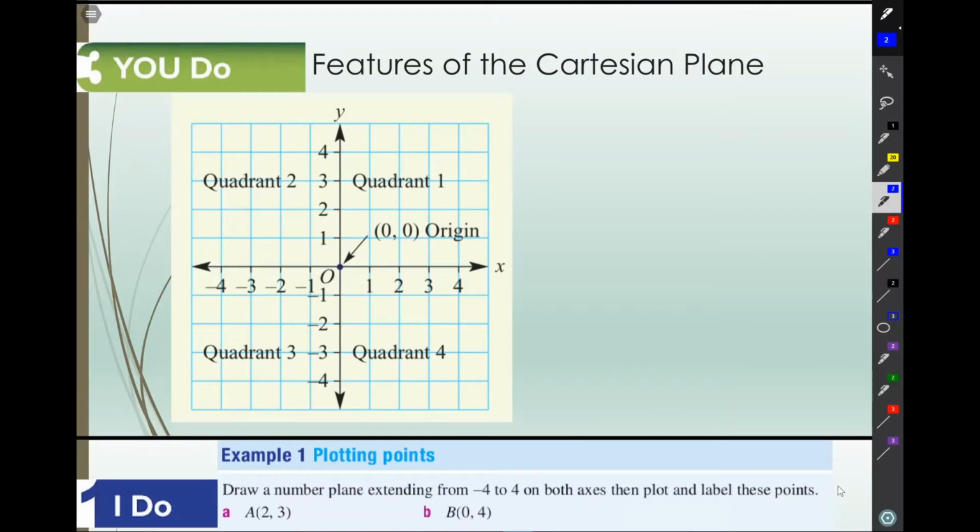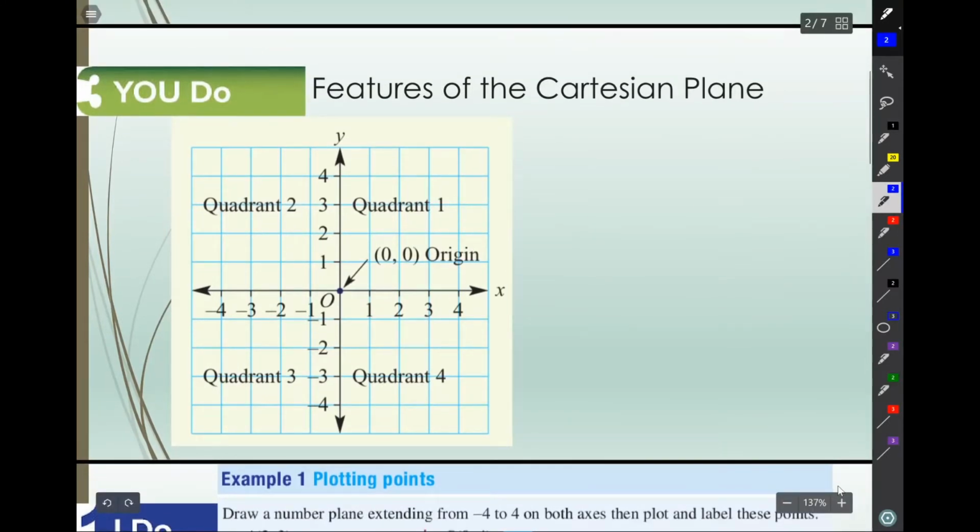Right, so I want you guys to get this diagram down into your book. This is all the key features of a Cartesian plane that we need to know about. Right at the center here, we've got this special point that we call the origin. We have each of these quadrants, 1, 2, 3, 4.